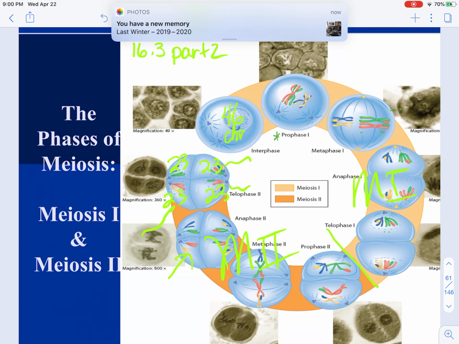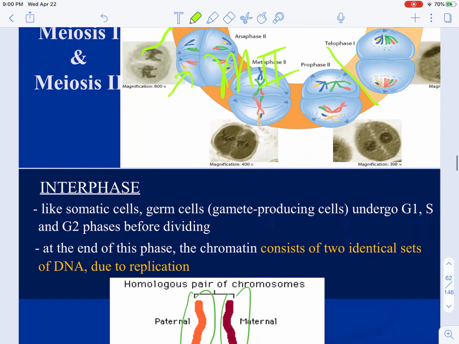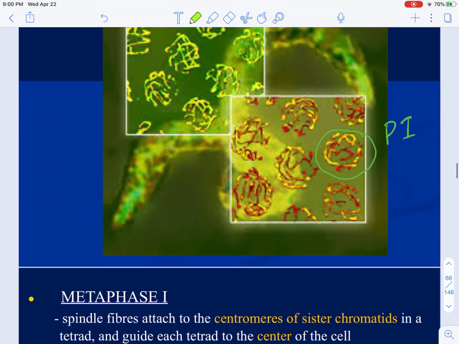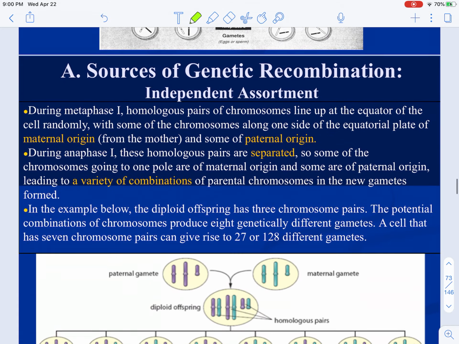When one of those two events does not happen as planned, we can have a wrong chromosome number in our resulting gamete, which means if that gamete got fertilized, you could end up with genetic disorders in the offspring. So that is our topic today.